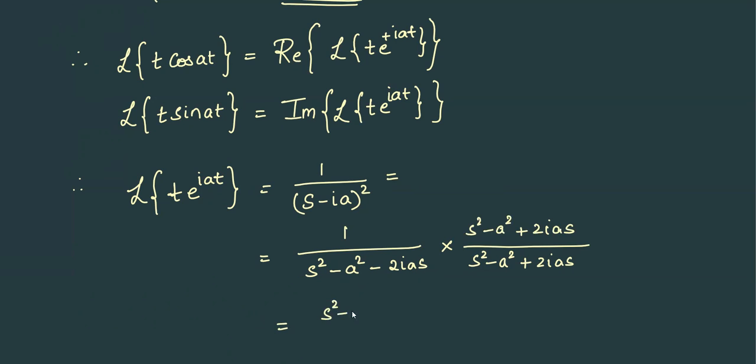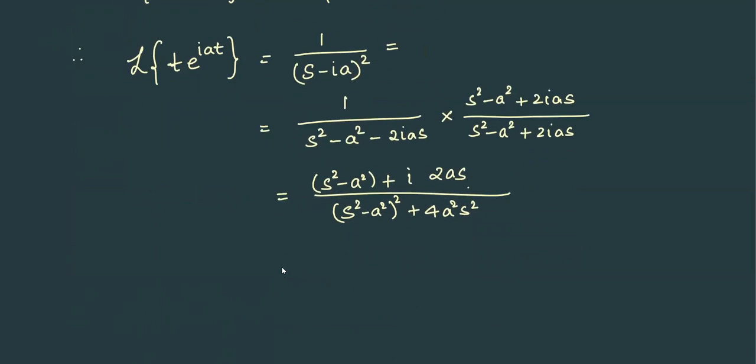So I get s square minus a square plus i times 2as upon s square minus a square the whole square plus 4a square s square. When you look at the denominator, this is a minus b the whole square plus 4ab.